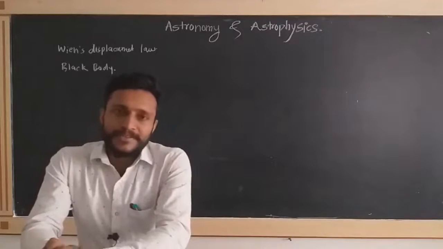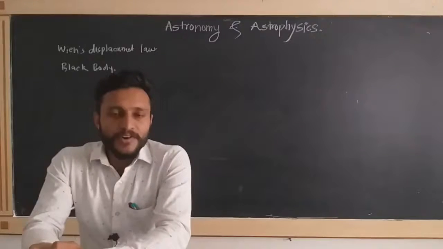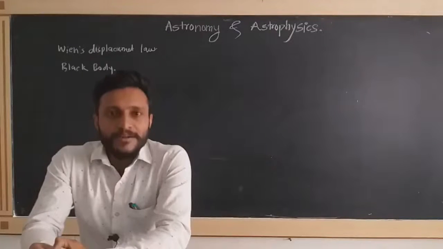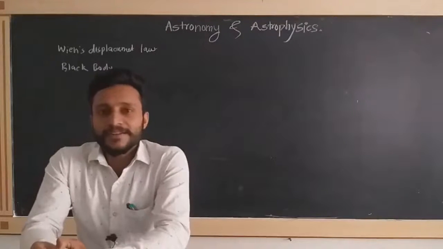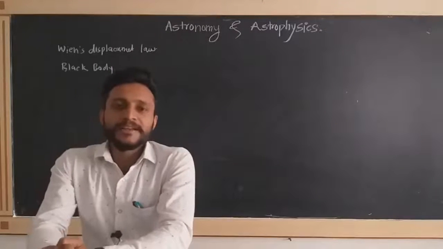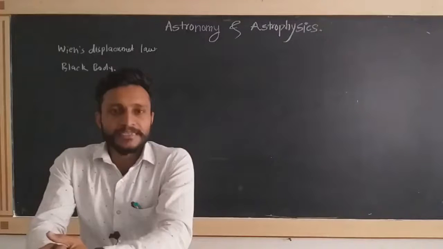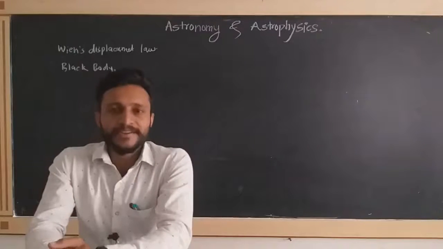At room temperature, a black body emits IR radiation, which is invisible to our eyes. But when the temperature of the black body is around 900 Kelvin, it becomes visible to us. So the point is that if a black body absorbs all the radiation and is a perfect absorber, it is also a perfect emitter of light when hot enough.